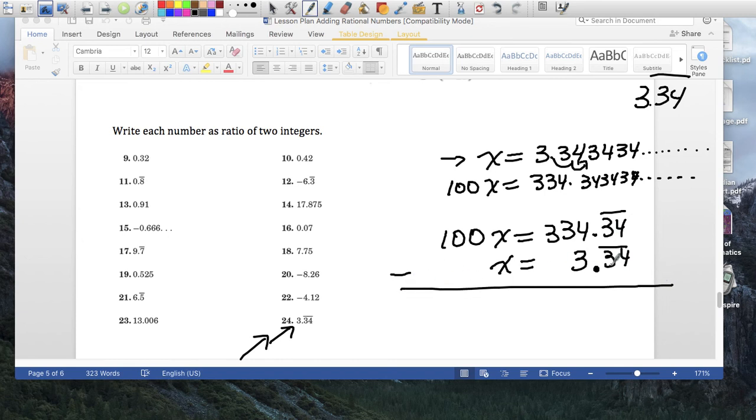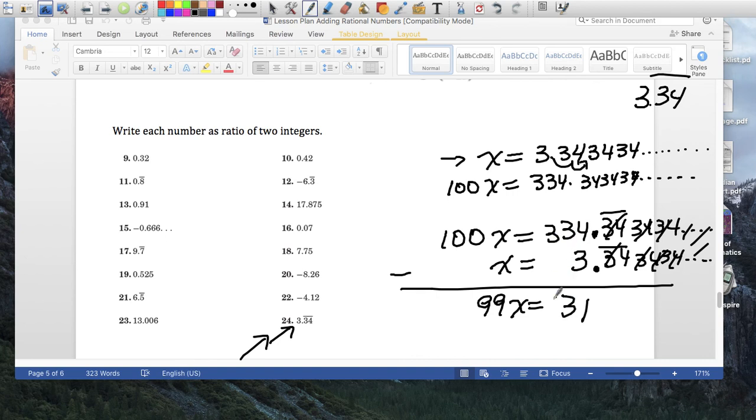And what are we going to do with these? We're going to subtract. 100x minus x gives you 99x. Equals, on the right side of the decimal, you have 34, 34, 34, continuing on and on. Same thing at the bottom. So if I subtract, it becomes a 0. So I'm not even going to write it. 334 essentially becomes 334 minus 3. So 4 minus 3 is 1.